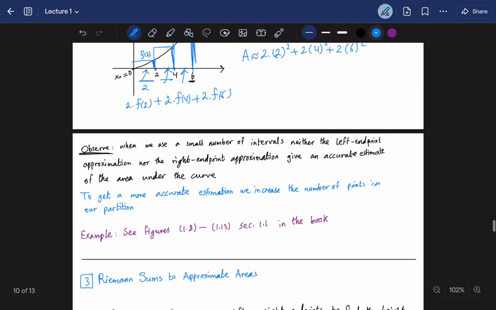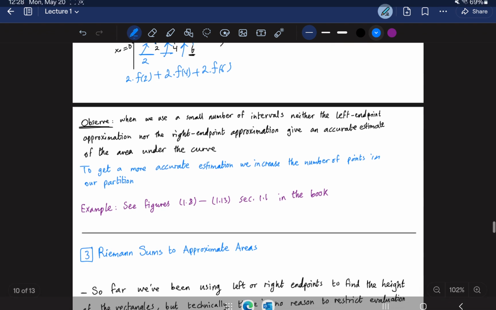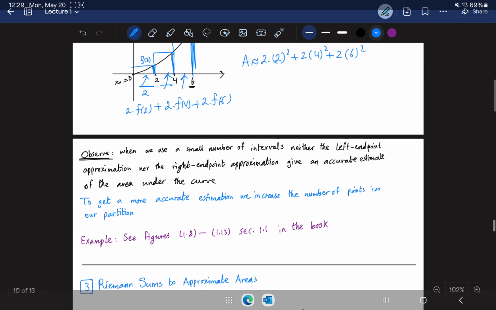Okay, so when we use a small number of intervals, neither the left endpoint nor the right endpoint gives an accurate estimation. So to get a more accurate estimation, like I said before, we can take more rectangles to create a more accurate approximation. So let's look at the example in the book.